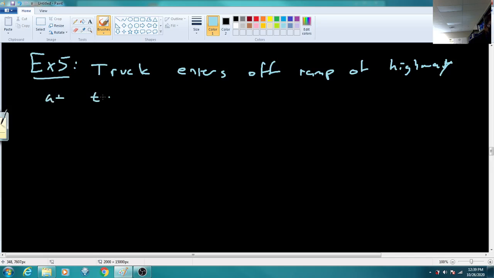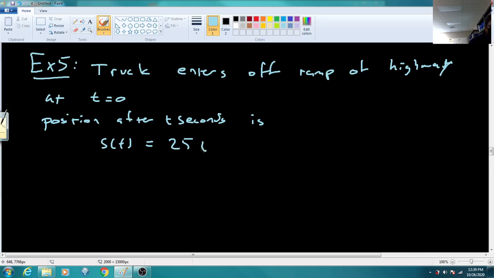And we say its position after t seconds is given by s of t equals 25t minus 0.3t cubed meters, and this is for t between 0 and 5.